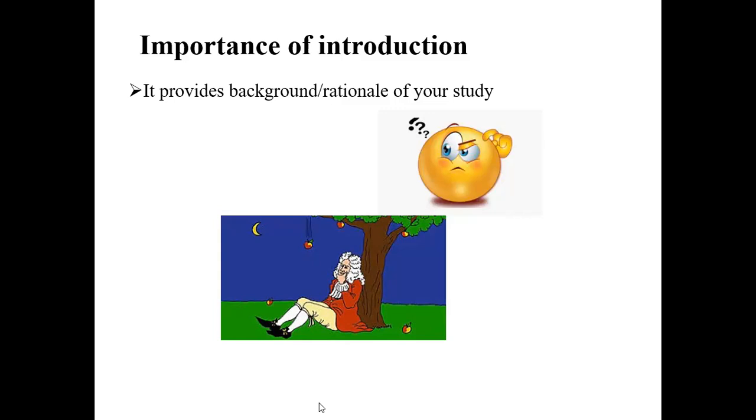Let's say you see that maize is planted in a huge place, but the yields are not adequate, are not responding to the place that is planted with maize. So with that, that is your rationale.